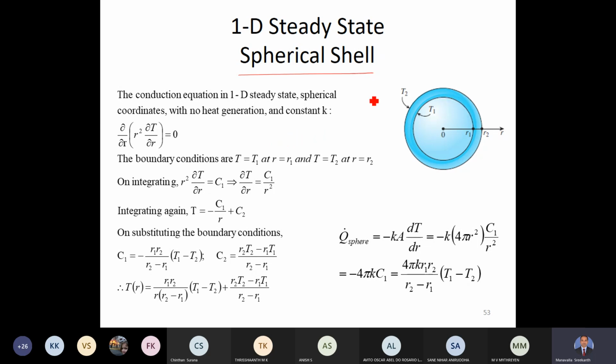So in such a case of a spherical shell, how to estimate the temperature distribution and how to estimate the heat transfer? For that again, we start with the conditions. We assume that it's a one-dimensional case, steady state, and we use the spherical coordinates because of convenience, and there is no heat generation, and also the conductivity is assumed to be constant.